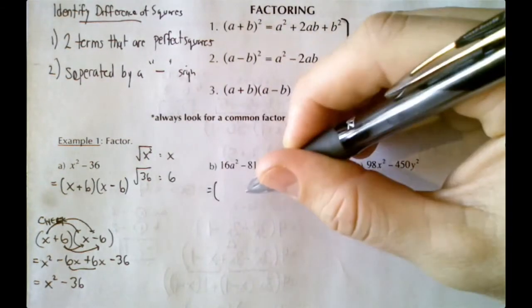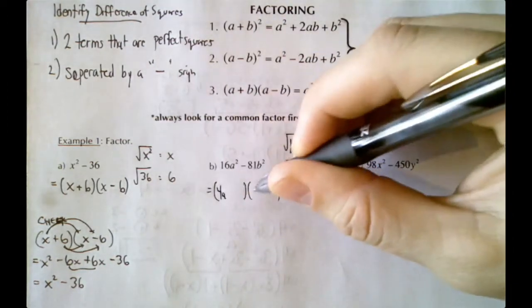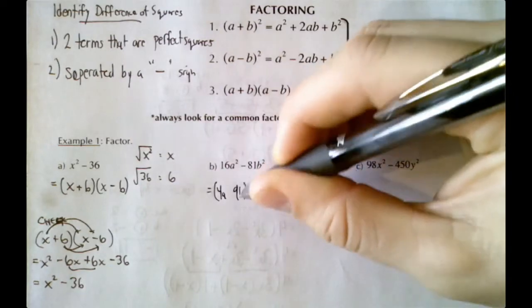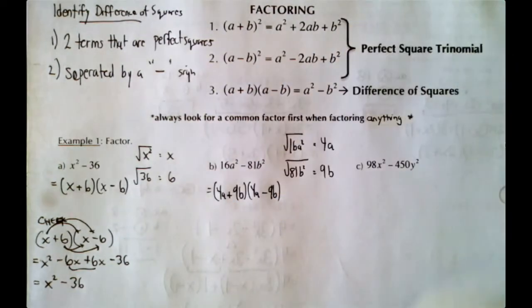Let's make our two brackets. 4a, 4a, 9b, 9b, opposite signs, plus, minus. Doesn't matter which one we write first. It can be the minus before the plus, doesn't matter. And factoring a difference of squares is as simple as that: square rooting, writing the terms in, opposite signs.